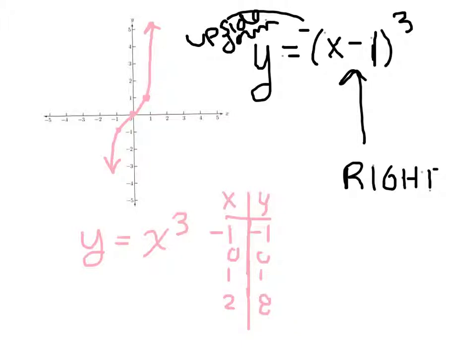So I'm going to take each point on the graph, I'm moving one over to the right, and I'm going to flip them upside down. So flipping upside down is going to move this point to here, and this point to here, so the graph is going to go like this. Moved one to the right, flipped upside down.